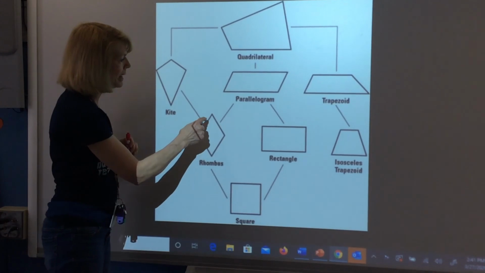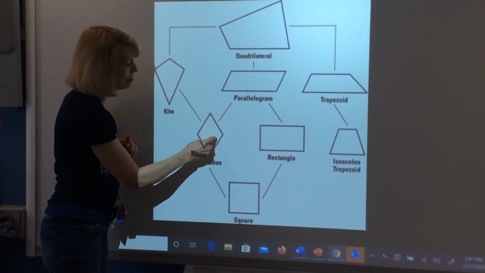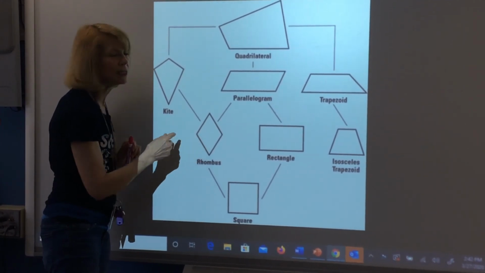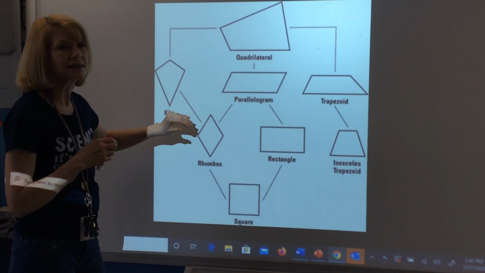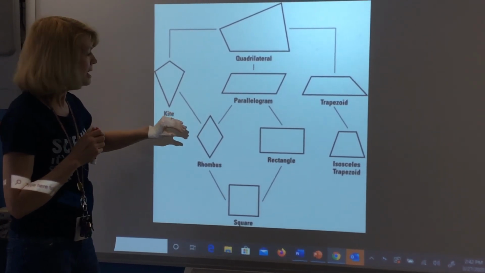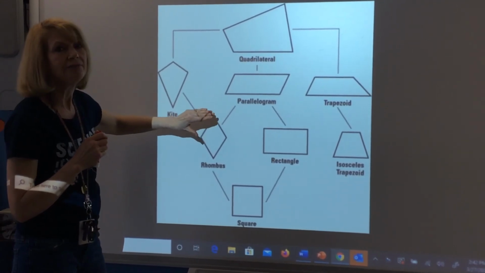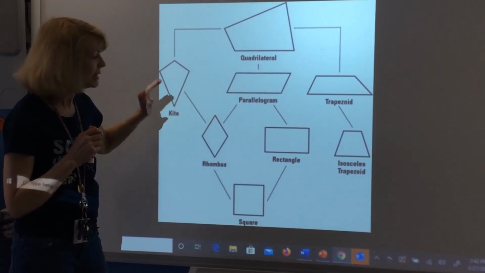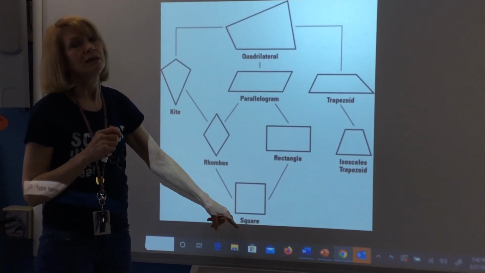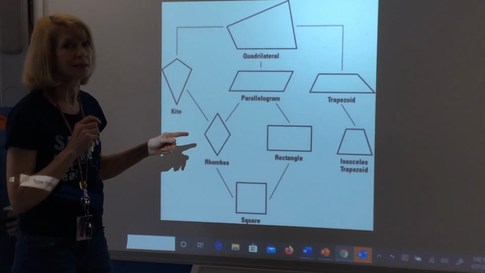You can see this one has an acute angle here, and an obtuse angle here, and acute here, and obtuse here. But all those sides are the same length. It looks like a diamond. Okay? A rhombus does not necessarily have 90-degree angles. If a rhombus has 90-degree angles, it is a square. So a square is a special kind of rhombus.